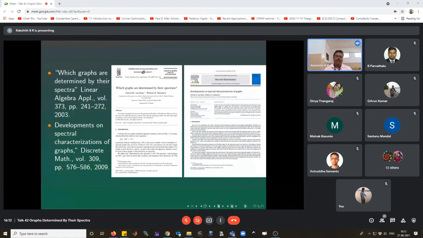If you want to know the developments on this problem, you can refer to these survey articles, which give all the information with respect to the adjacency matrix, Laplacian matrix, and Signless Laplacian matrix.